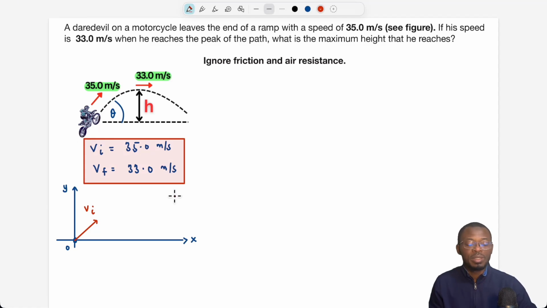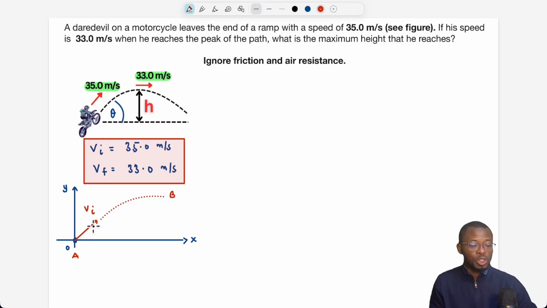So these are the only speeds we are given, and with that we are going to solve the final maximum height. So we know the trajectory is going to be, as usual, parabolic until he reaches that maximum height. So now let's call the initial launch point as point A, and then the final point where he reaches that maximum height as point B.